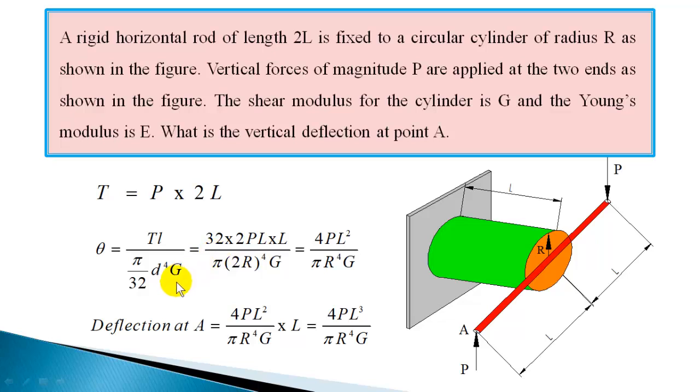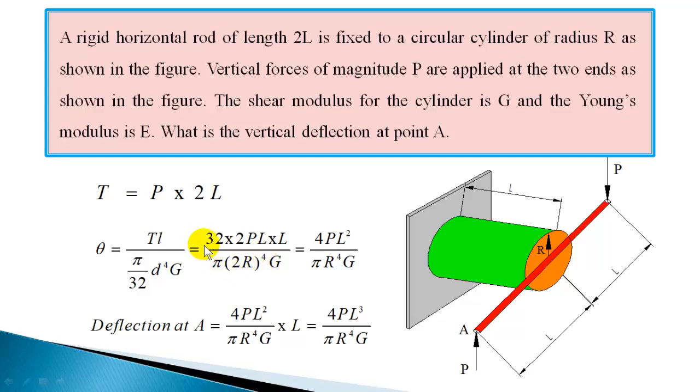Taking 32 to the numerator, we get 32 into T, where T is 2PL, into the length, divided by pi d to the power of 4 into G. D is 2r in terms of radius, so d to the power of 4 is 2r to the power of 4, which is 16 r to the power of 4.